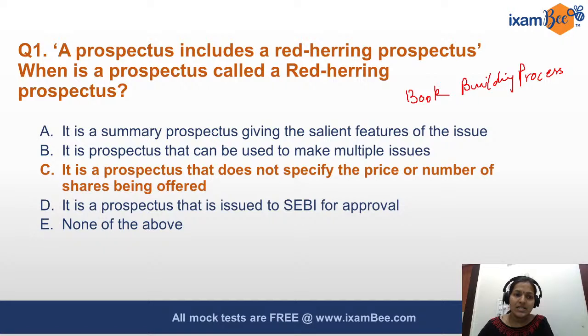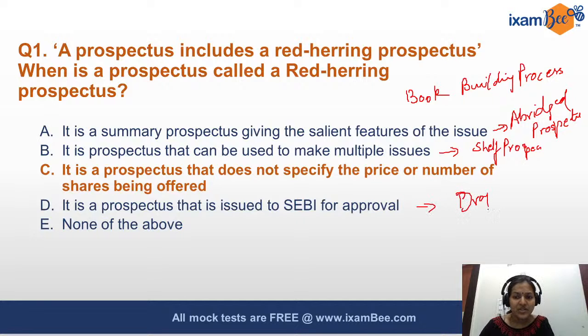A summary prospectus is basically an abridged prospectus. The second one is actually a shelf prospectus. This one we actually called a draft prospectus, and this we have already known as a red herring prospectus.